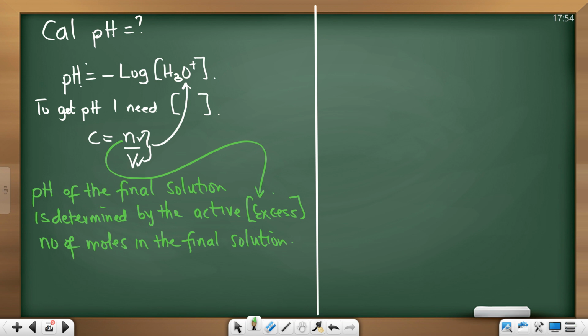What determines the pH is the number of moles that is remaining. Talk to me, people. I only have one response. What determines the pH is the number of moles that is active.